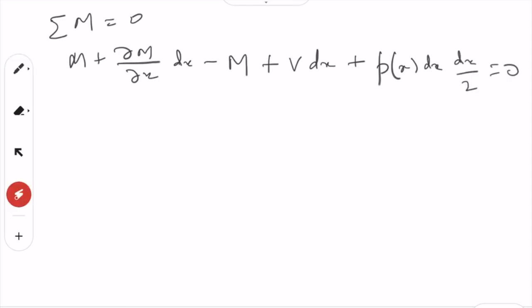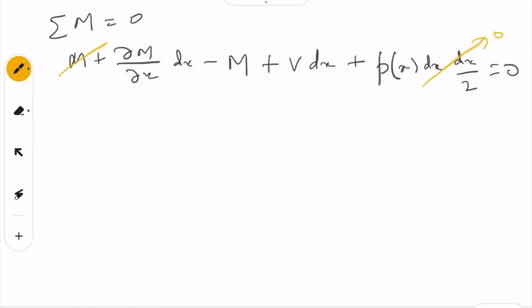Now, what we see here is this and this getting cancelled out, and here we have dx multiplied by dx divided by 2, so dx squared. This is second order, so we will make this equal to 0.